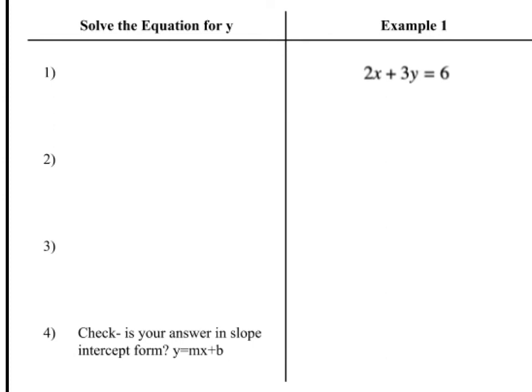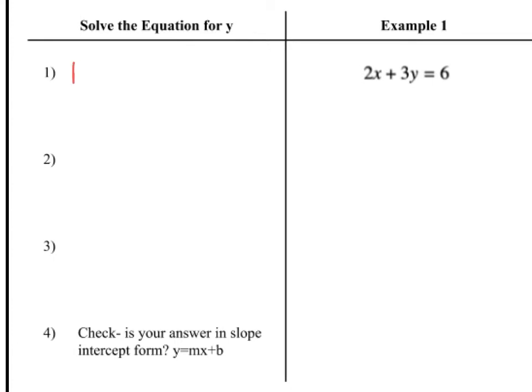This is an equation of a line in standard form. Your job is to rearrange it so that it's solved for y, in what we call slope-intercept form, which you might have heard about from last year. So that's the form y equals mx plus b.